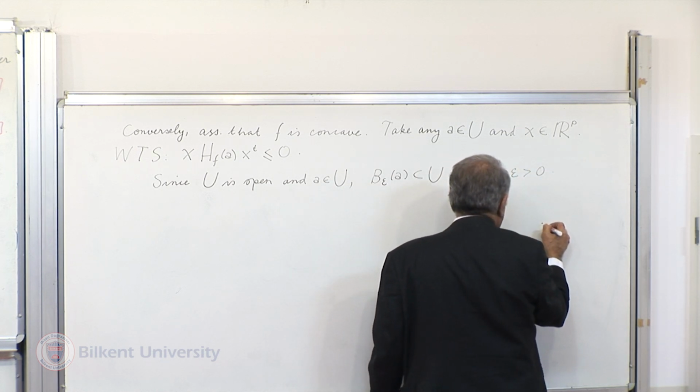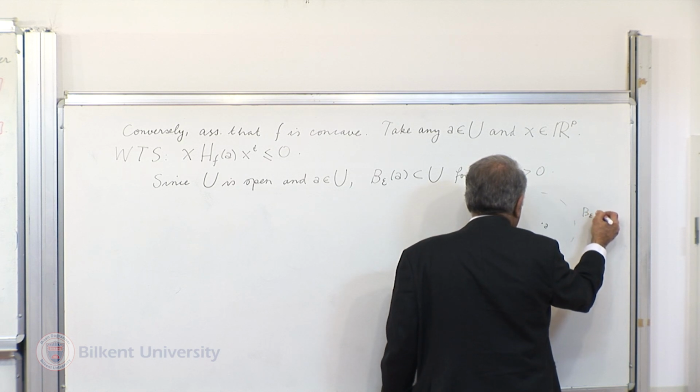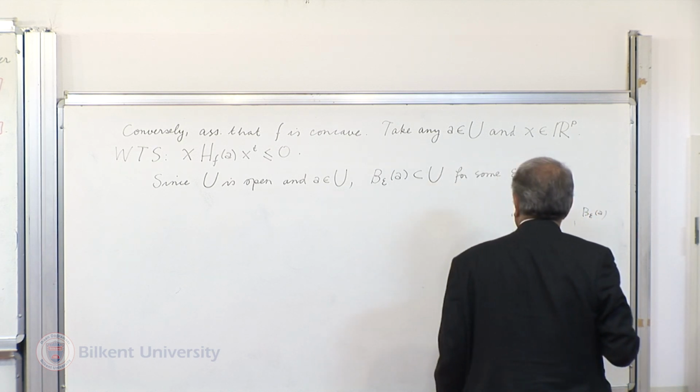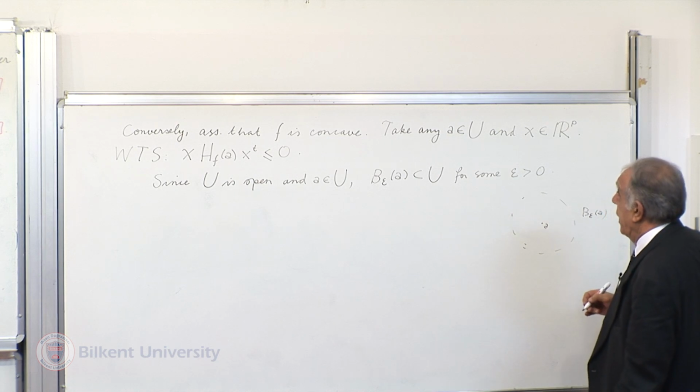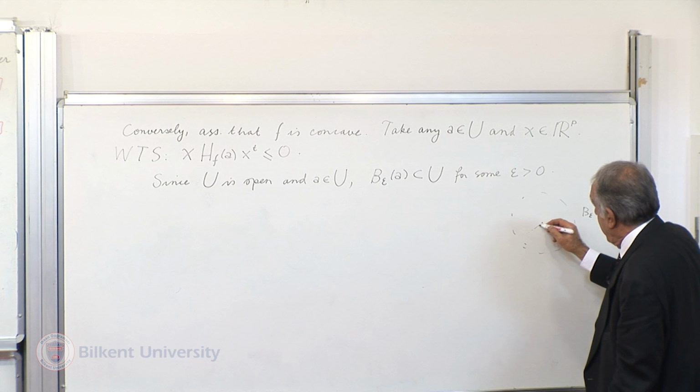So this is A. Now we have the epsilon ball about A, and also we have this X.